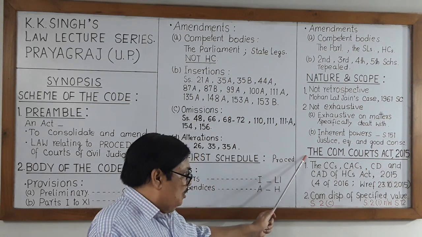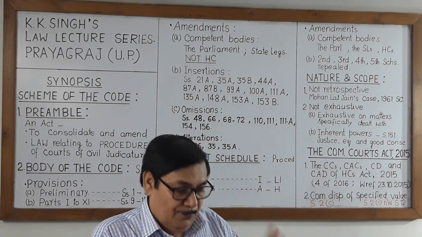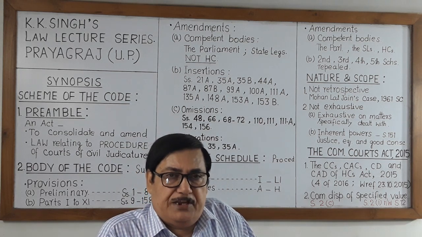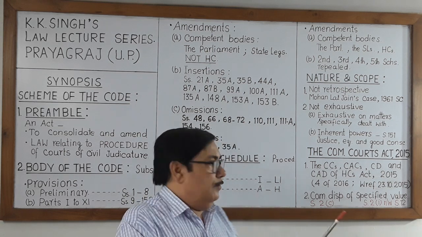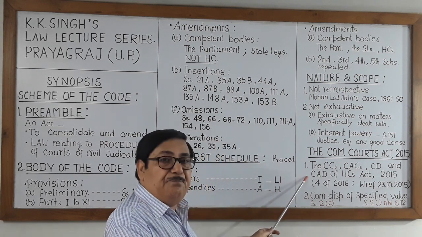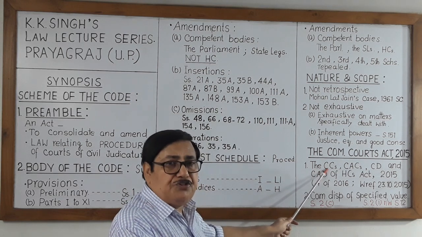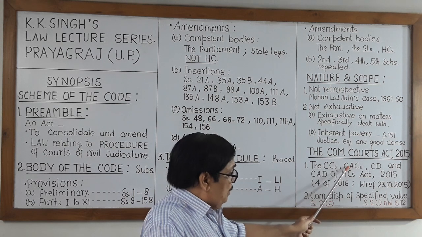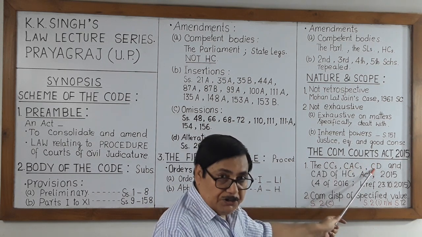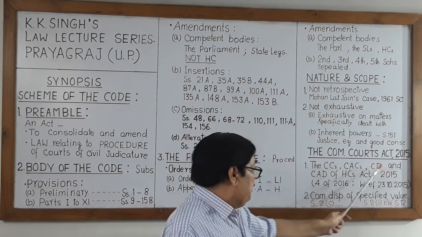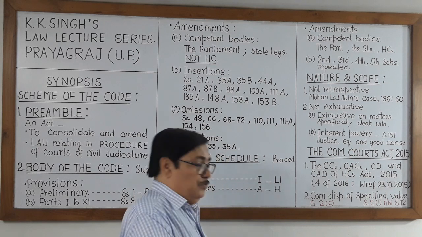Now the last one, the Commercial Courts Act 2015. This is very important. The full name of this act is the Commercial Courts, Commercial Appellate Courts, Commercial Division and Commercial Appellate Division of the High Courts Act 2015.